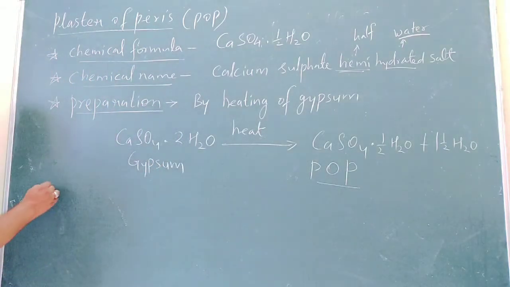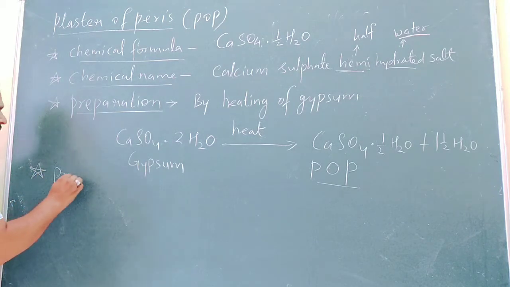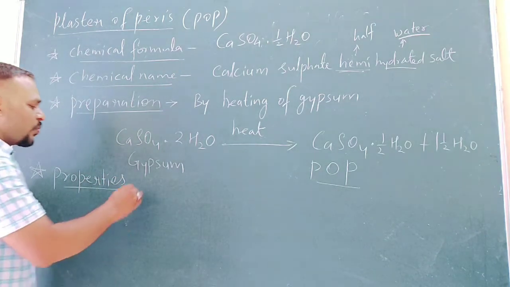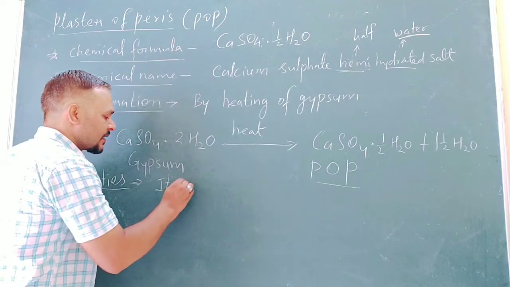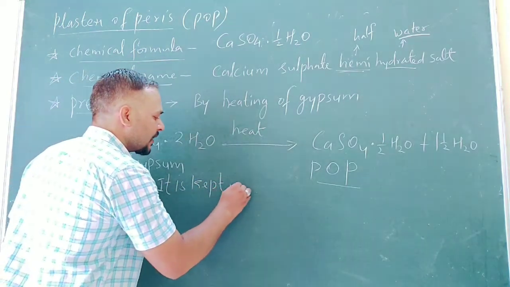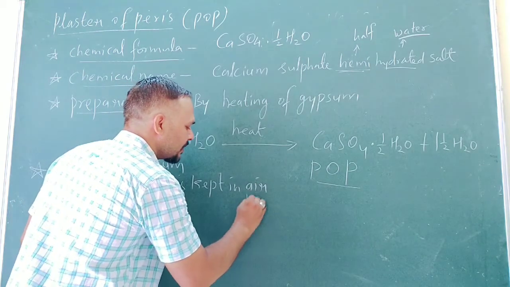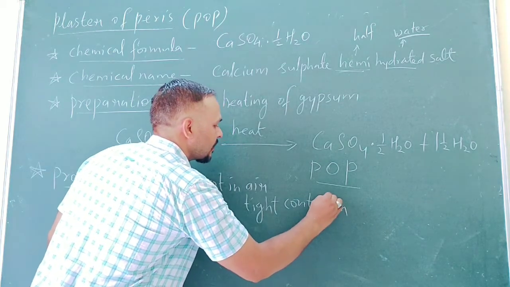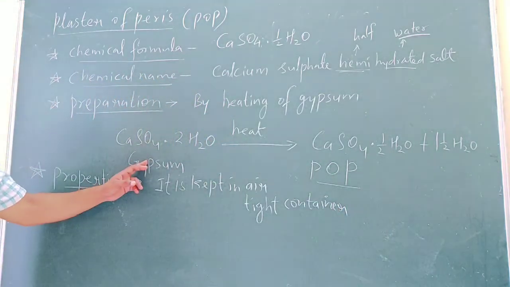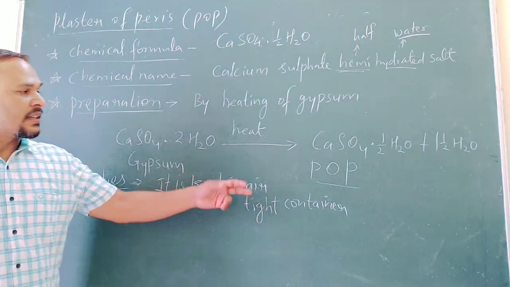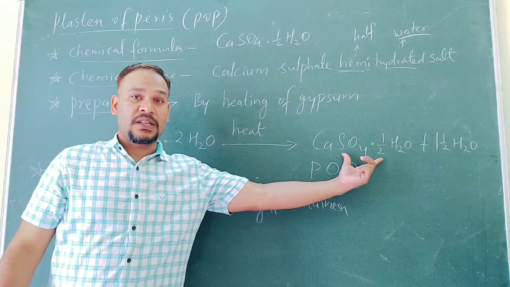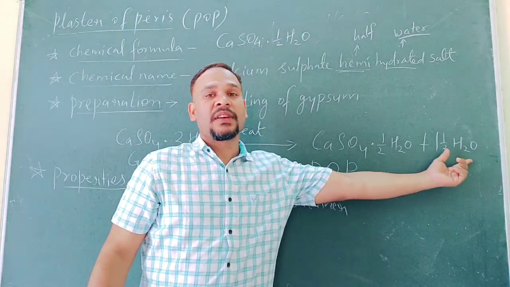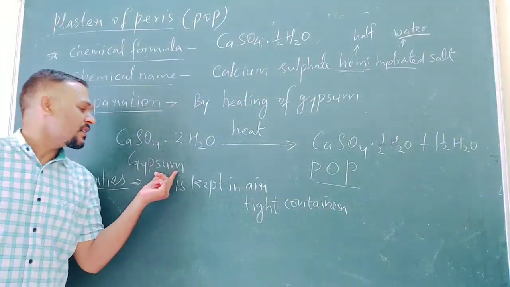Now, what are the properties? Very important, sometimes questions come from here. A very important property is that it is kept in airtight containers. Why? Because once it is exposed to moist air, it regains the water molecules and becomes hard gypsum.